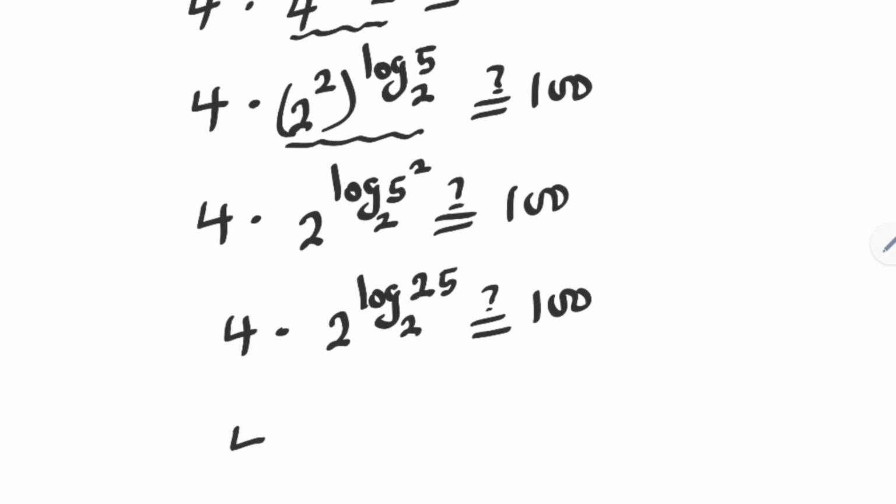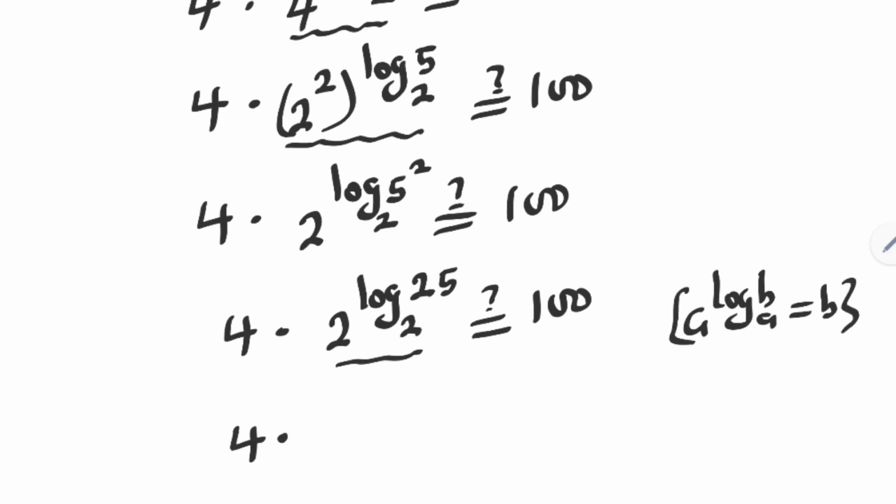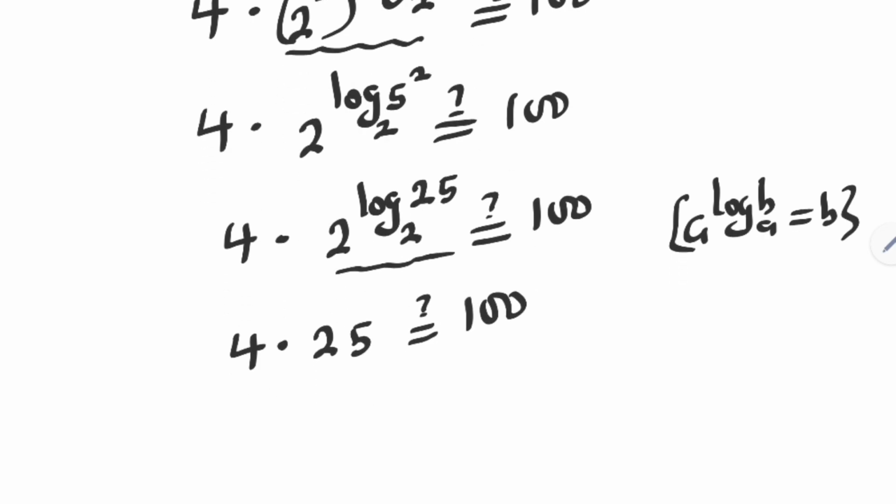Then this is 4 multiplied by, if you have a raised to power log b base a, this is equal to b. Then the whole of this is 25 must be equal to 100. Now 4 multiplied by 25, this is 100, is equal to 100, which is true.